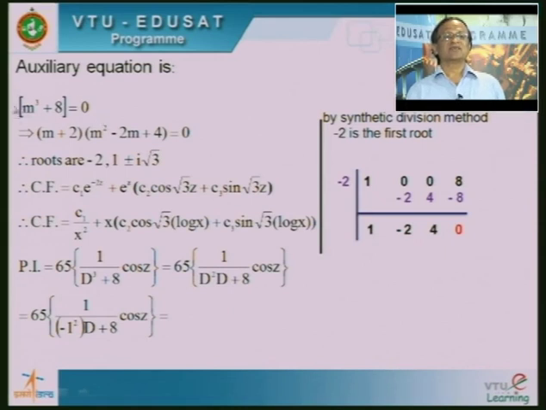Now, I want to find out the another factor of m cube plus 8 by using synthetic division method. Here I want to write down the first row. I will write minus 2 as it is, and these are the coefficients of auxiliary equation, right. So, what is the coefficient of m cube? So, m cube is 1.